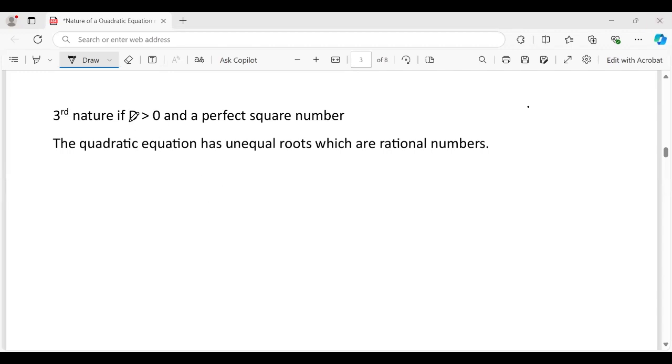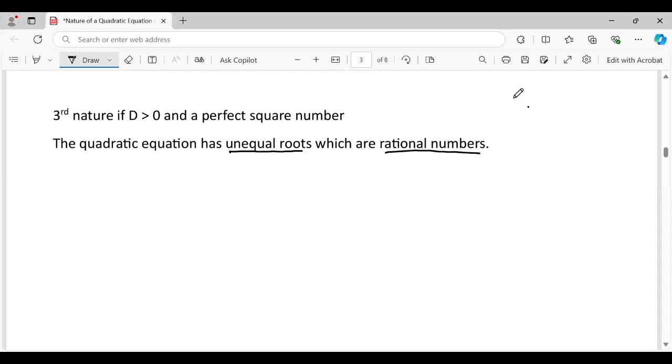The third nature is discriminant greater than 0, and the discriminant value is a perfect square number. If the nature is like this, we can state that the quadratic equation has unequal roots, which are rational numbers.